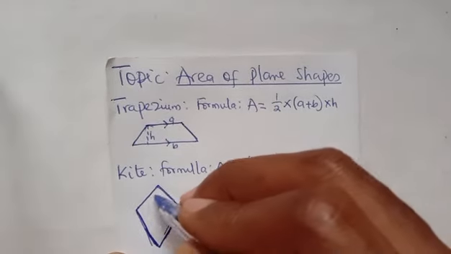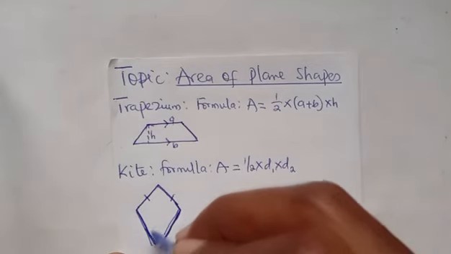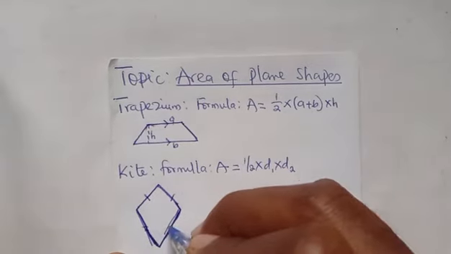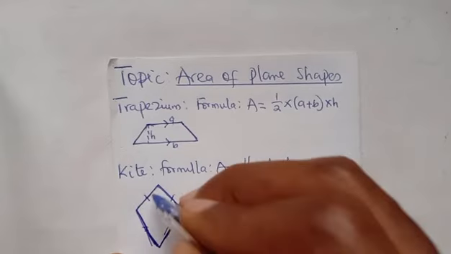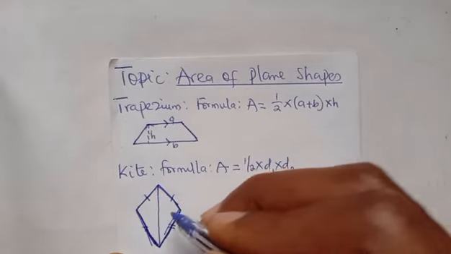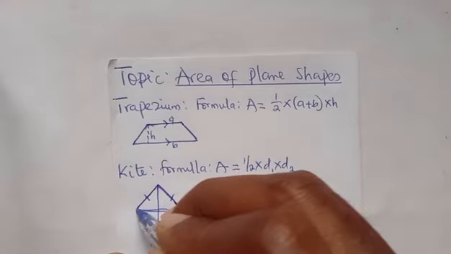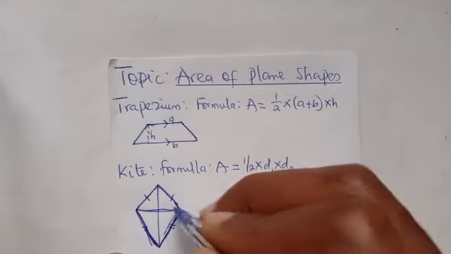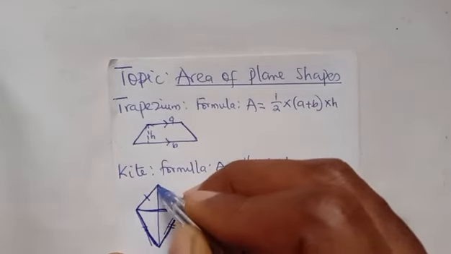Here and here are equal in length, here and here are equal in length. This is a diagonal, this is another diagonal. They both meet at 90 degrees.